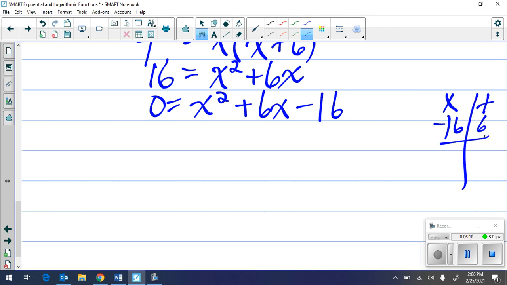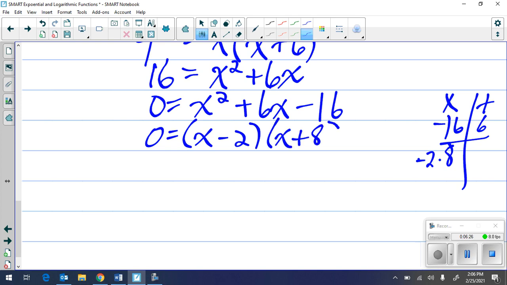So how about, I was going to say 2 and 8, but that doesn't, oh yeah, 2 and 8, that does work. Negative 2 and a positive 8. So then I've got two things multiplied together to give me 0. So one or the other is 0.